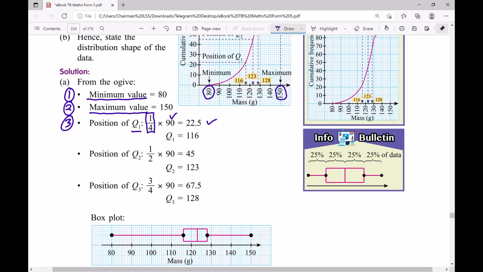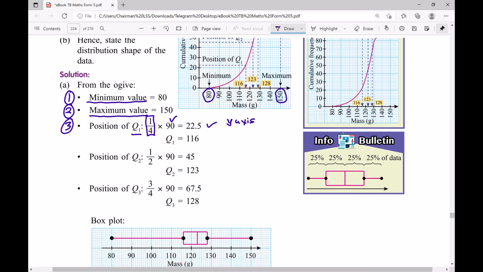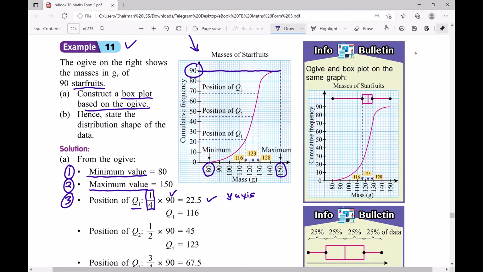The position of Q1 is 22.5 on the y-axis. So you find 22.5 on the y-axis, and then you find the value on the x-axis. You'll get 116. This is your Q1.